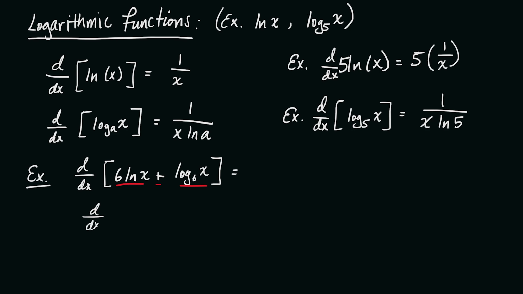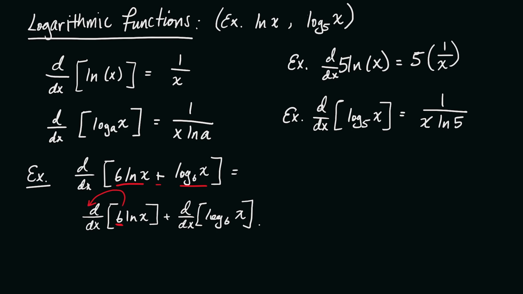So the derivative of 6 ln x plus the derivative of log 6x, right? Alright, so now, since we know that 6 is a coefficient, we can always bring it outside because of the coefficient rule, right?